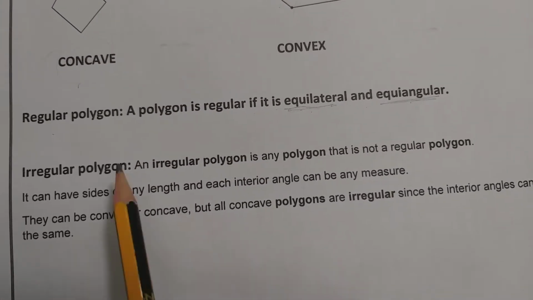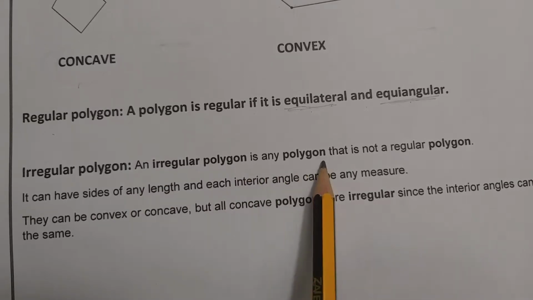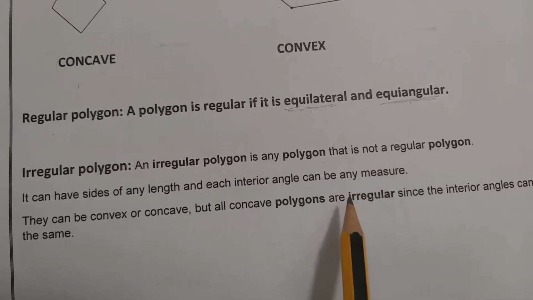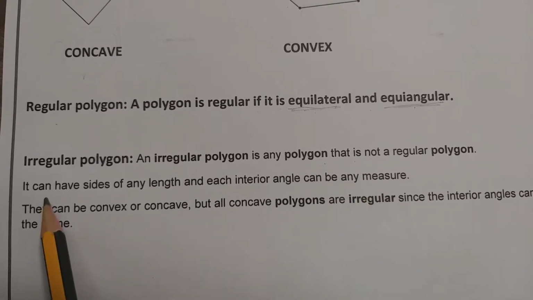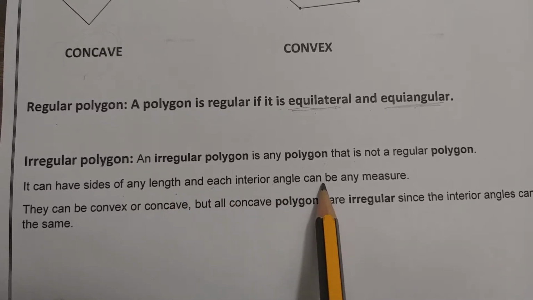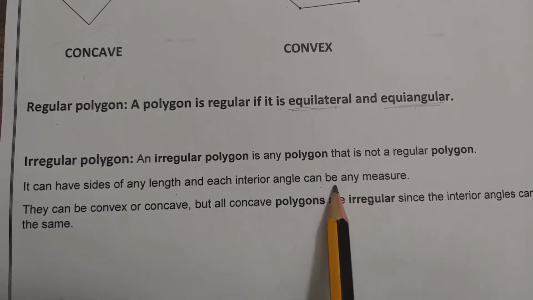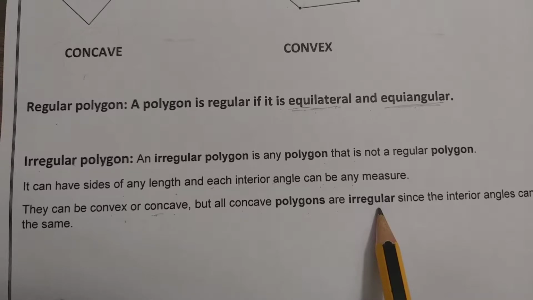An irregular polygon is any polygon that is not a regular polygon. It can have sides of many lengths, and each interior angle can be any measure. They can be convex or concave. So an irregular polygon can be convex or concave. But all concave polygons are irregular.